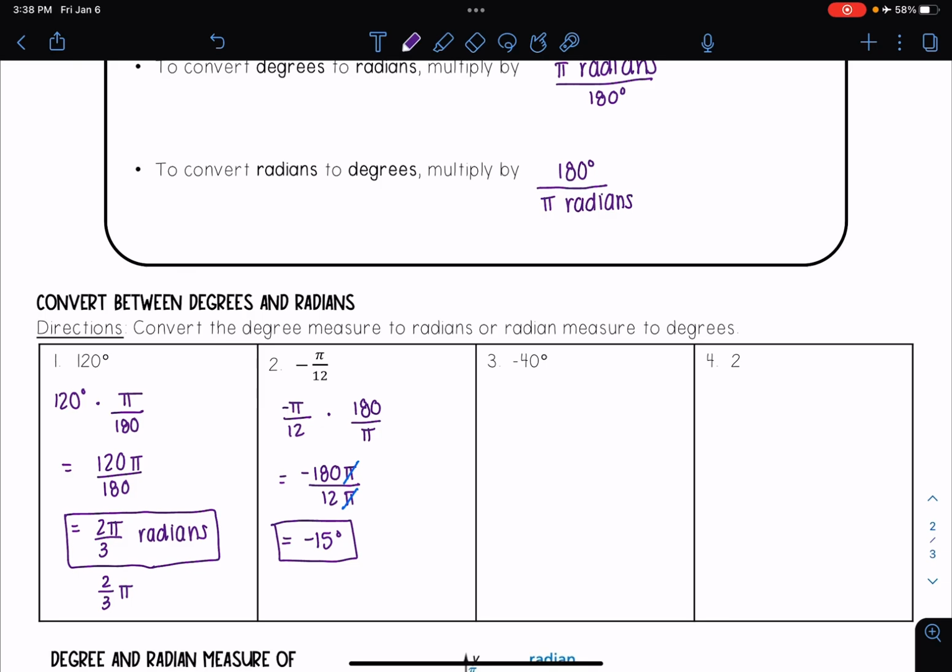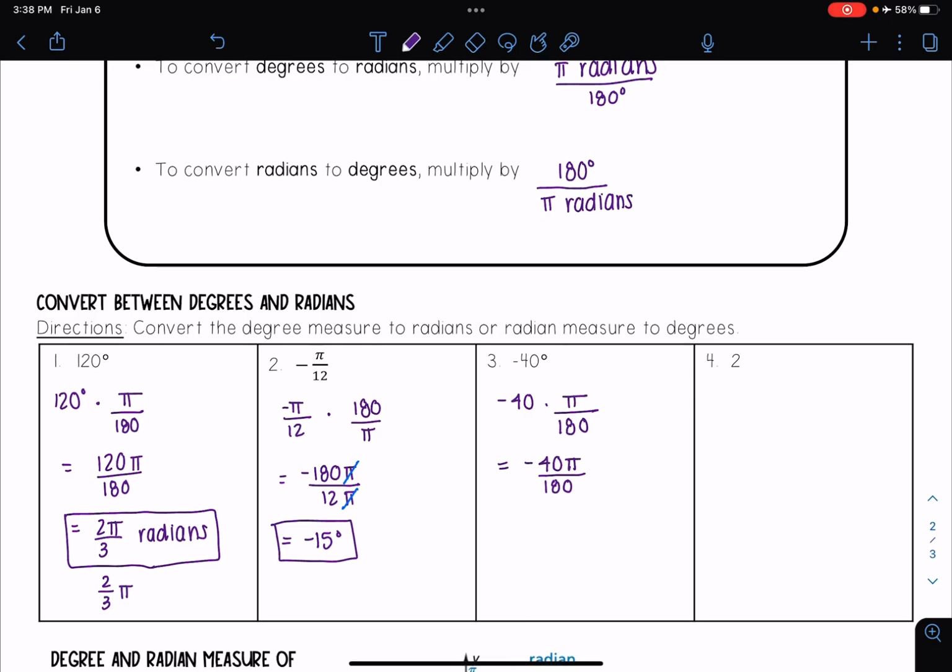Okay, let's look at 2 more. Now I have negative 40 degrees, and I want to switch that over to radians. Since I want to switch it to radians, I need to multiply by pi over 180. When I multiply across, I get negative 40 pi over 180.